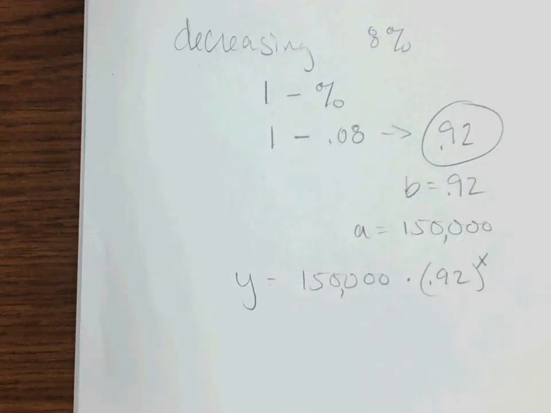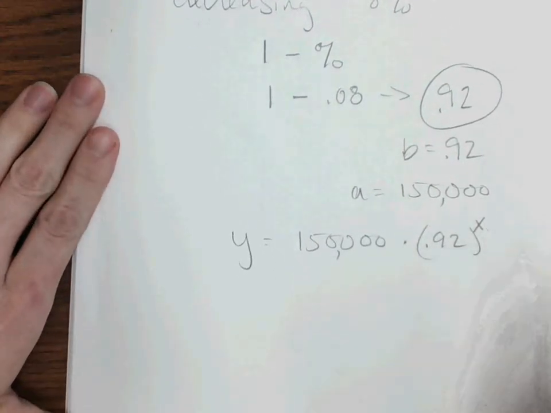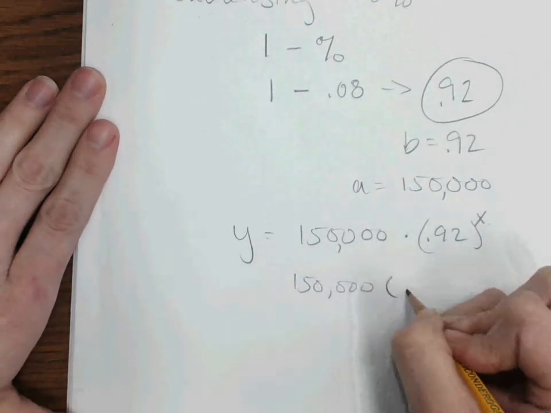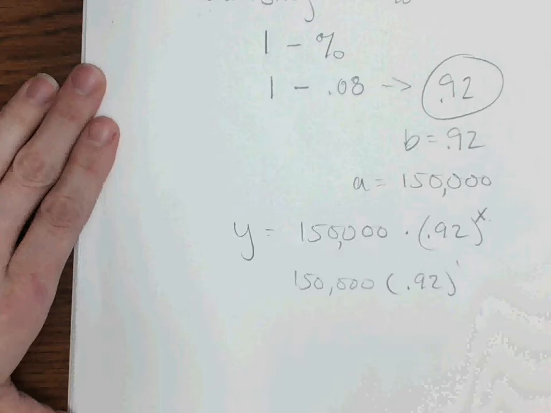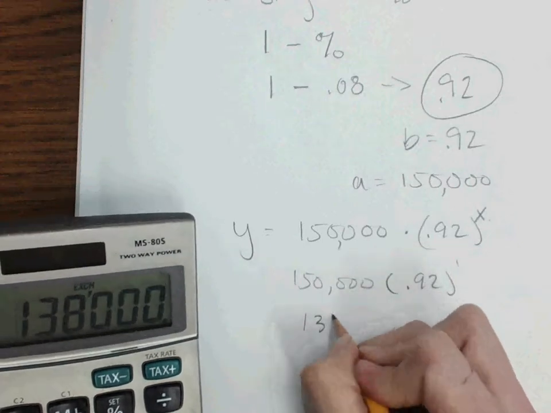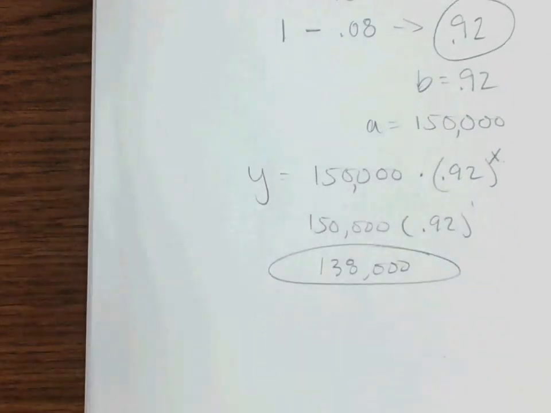Okay, and so they say, what is the value of the house after 1 year? Right, so after 1 year, I just have to plug in a 1 and figure it out. So I'm going to have 150,000 times 0.92 to the 1 power, right? And I get $138,000. That's the value of that house after 1 year.